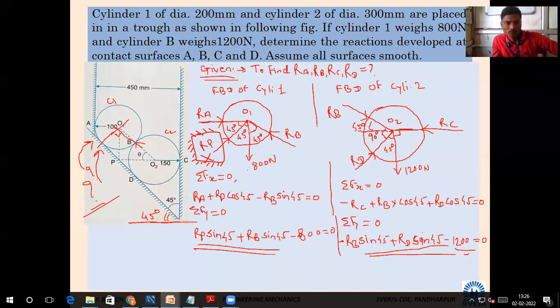Are you getting it? Yes, sir. So will you solve it as homework or will we solve it here? Did you understand the problem? There is no touching here. To touch here, its radius should be less than 100. The RP reaction cannot come there. It will not come. Shall we solve this problem without RP? Yes, sir. Okay, then we will solve this.